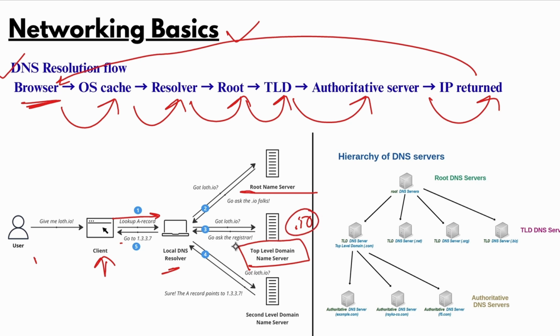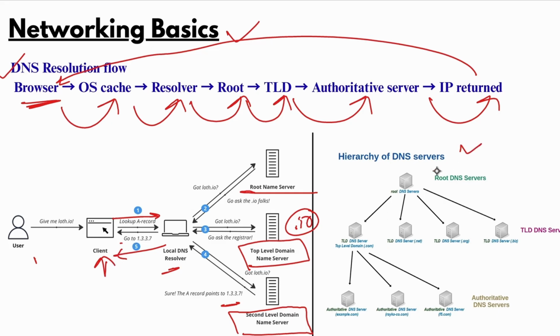It will go to the registrar, and finally check the second level domain, and the IP address will be returned to the local DNS resolver. Finally this IP address will be returned to the client, and the client will point to that particular address.